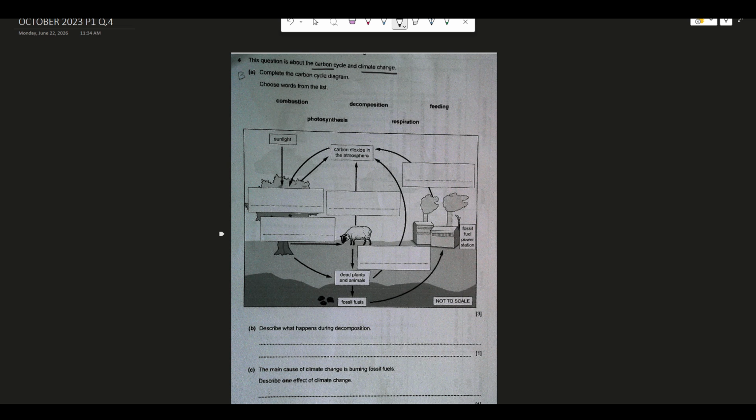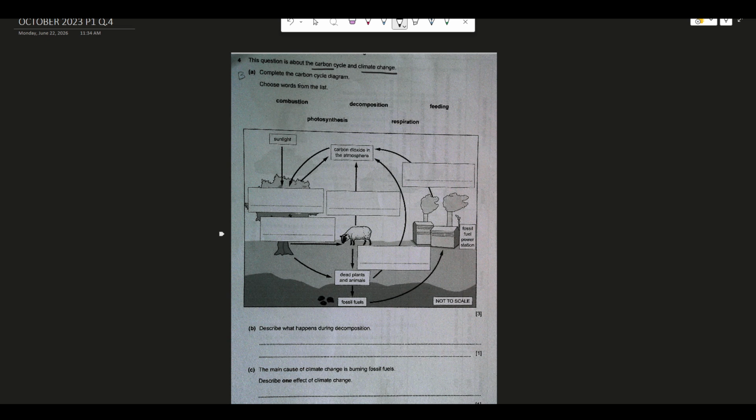Sub-question A says to complete the carbon cycle diagram. There is a diagram given, and wherever spaces are indicated, you have to complete the diagram by writing words chosen from the list.